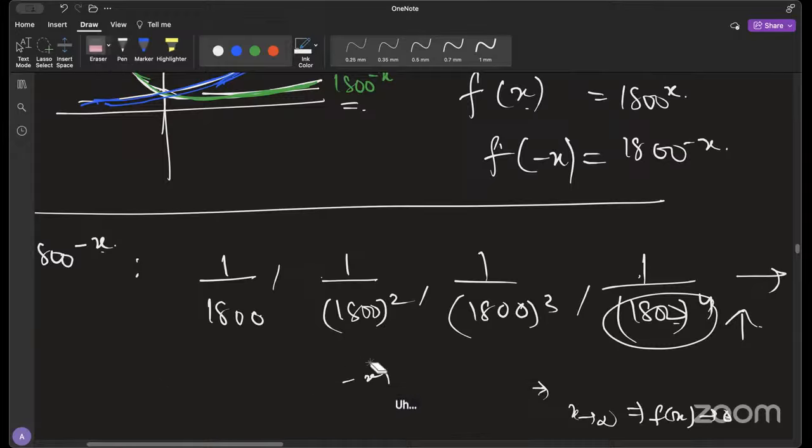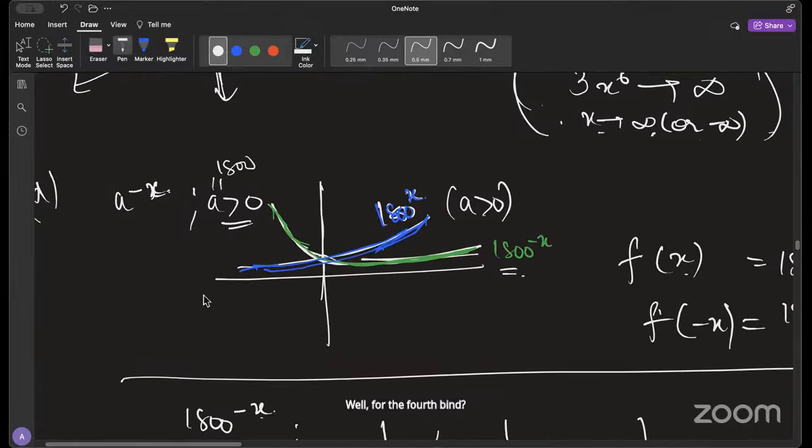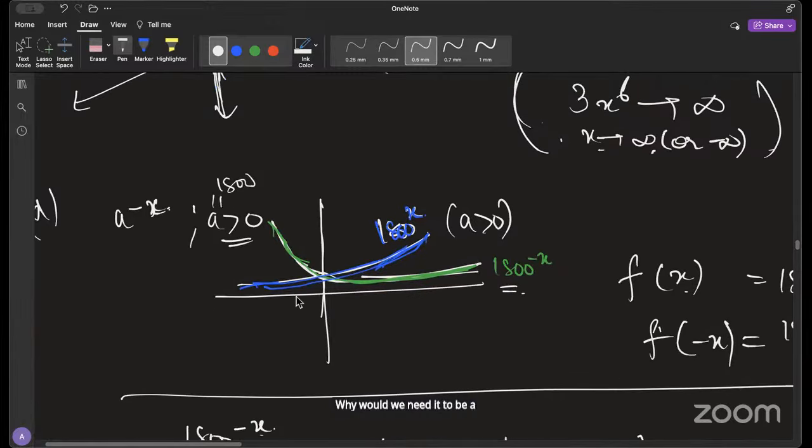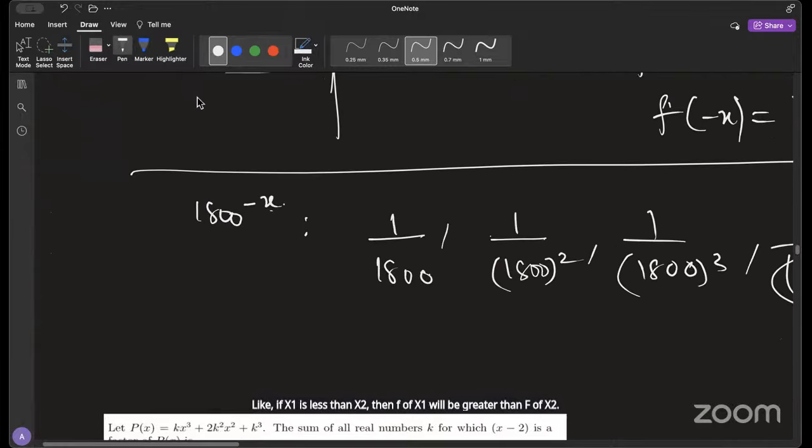Particularly for this question, we need to make sure that it is a 1 function, right? For the fourth, why would we need it to be a 1 function? Because by definition for a 1 function, if x1 is less than x2, then f of x1 will be greater than f of x2.